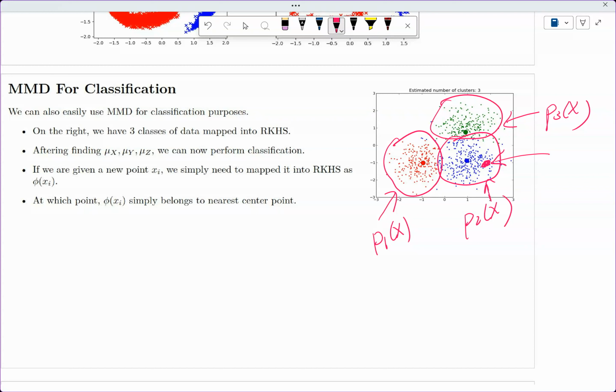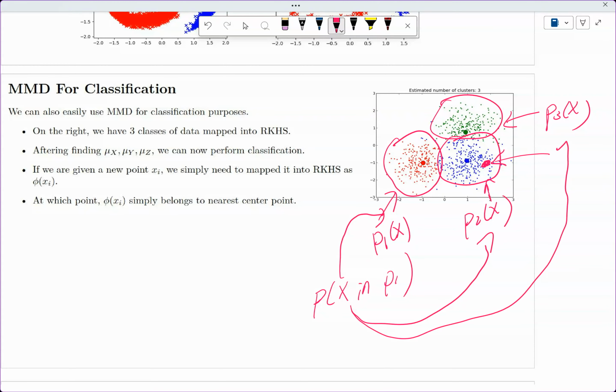What you want to know is the probability that x is in p1. If you know the x, you can just plug x into each and every one of them, and whichever gives you the highest probability, you can say this point belongs to this cluster. So this essentially allows you to do classification.